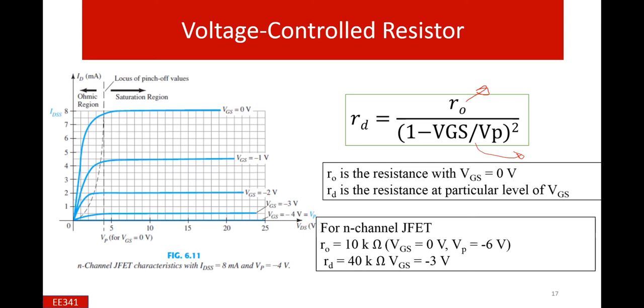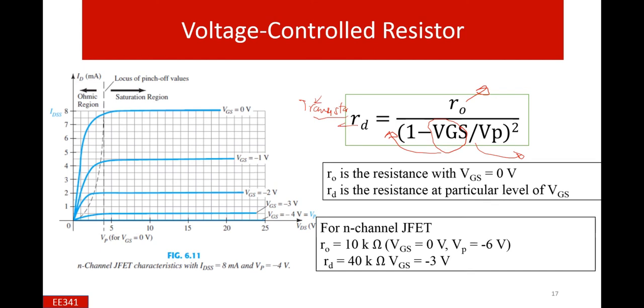And in this case, if we change the voltage between the gate and the source, then this becomes the dynamic resistance, and this dynamic resistance is the property of the transistor. So the resistance is varying somehow.